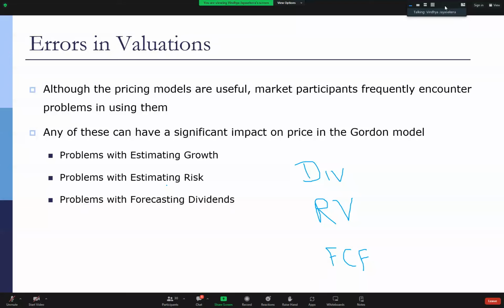Which is why free cash flow based valuation models are good for analysts who have continuous discussions with the companies, for investment bankers who have more insight into the company because they're working closely with the company on a deal, and for the company itself because they know what they're going to do with the money that they get, right? So free cash flow based models are good for either majority shareholders or for any person who has high interactions with the company where they can get better quality information.